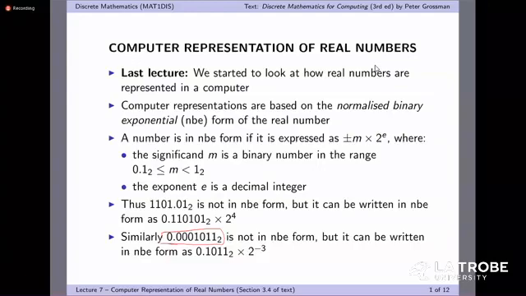It has to be between 0.1 and 1. You're absolutely right. So I would move this decimal point to this place. If I move right, then the power becomes negative. If I move left, then the power becomes positive. And you count how many positions you move. So 1, 2, 3, 3 positions I moved, and I put the decimal point here. That means it's 2 to the power of -3. Any questions?